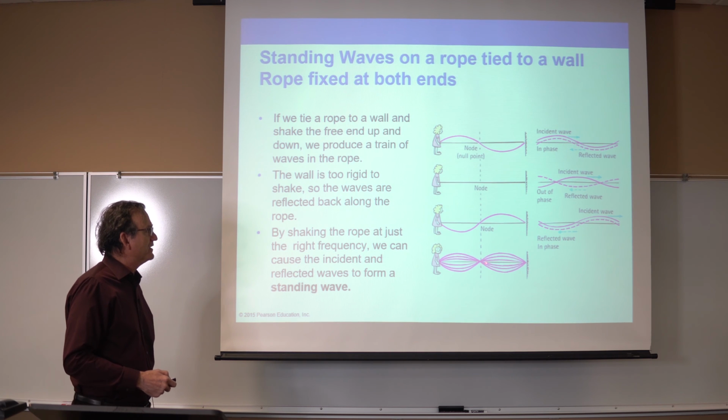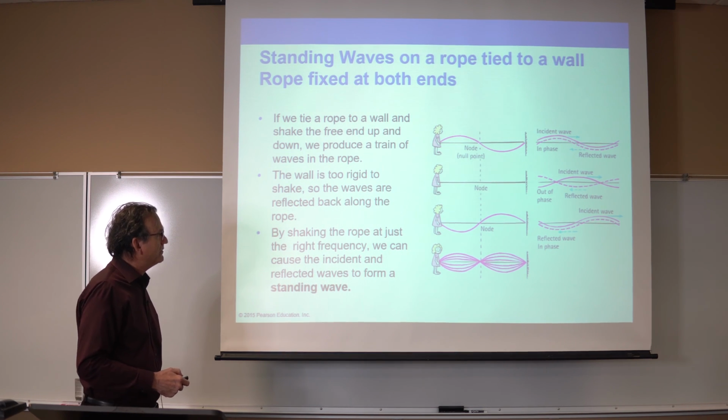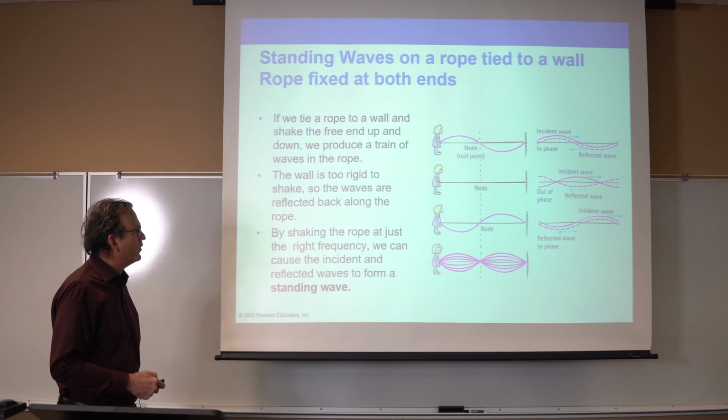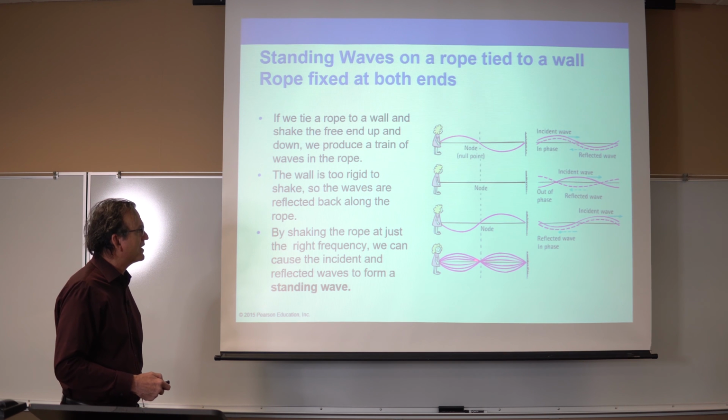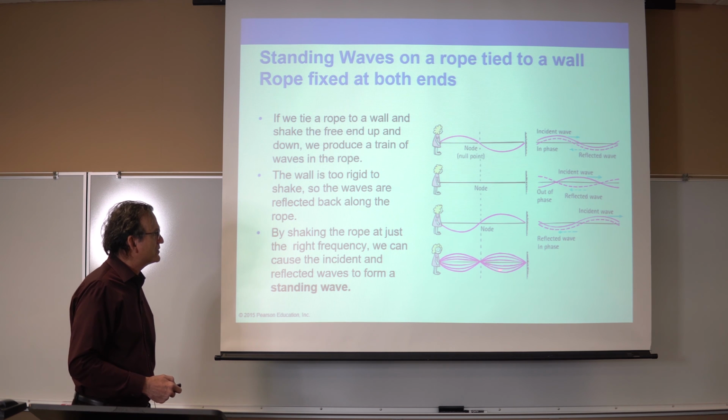And so to understand this figure at the bottom, we consider the fact that there's always one wave traveling to the right and one wave traveling to the left. And when they add together, at different times you'll have different amplitudes of the oscillation of the rope.